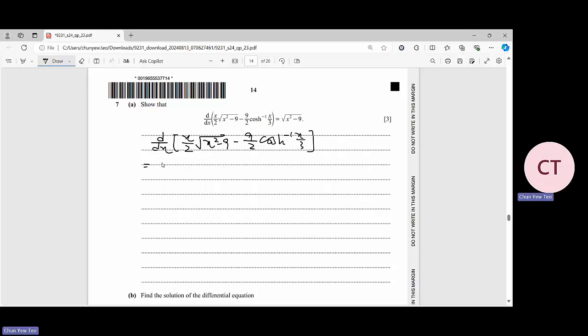So you keep the right and you differentiate the left. This one is 9 over 2 cos of x over 3. Just check the formula booklet, MF19, then you will get this.